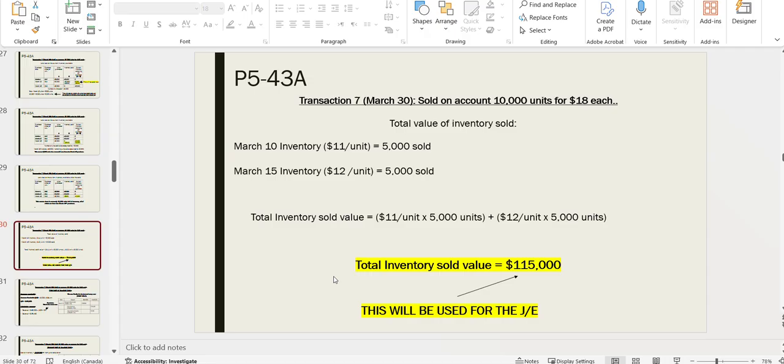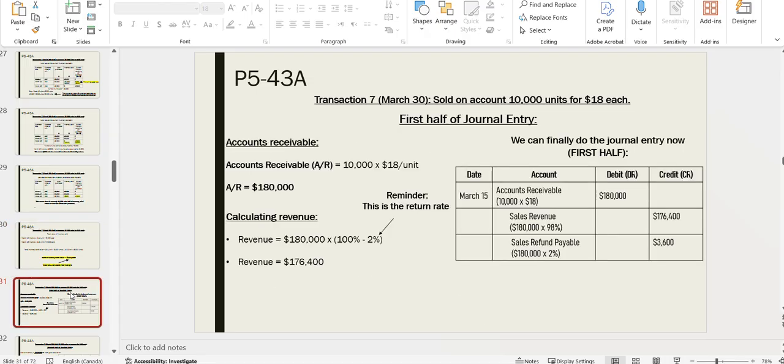Now you sold 10,000 items for 18 each. So your accounts receivable is $180,000 and your sales revenue must be equal to that.